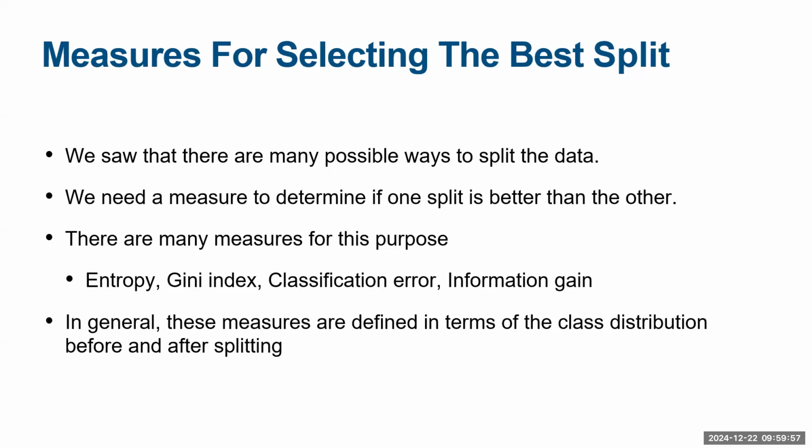And you want to score each split, and you pick the best one. Now, there are many measurements. There are entropy, the Gini index, and also information gain. All of these measurements will determine if one split is better than the other.